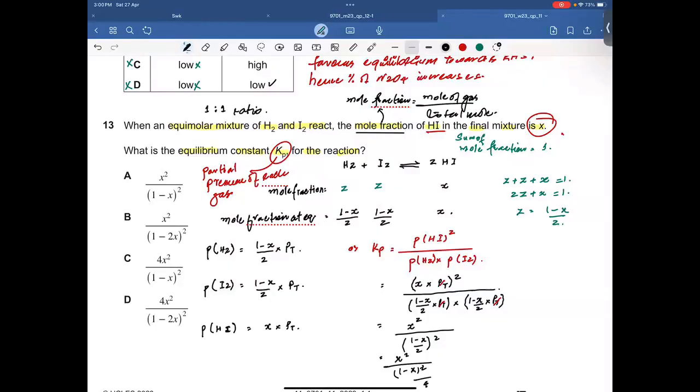All right. Let me get the space for myself. I'm running out of space.